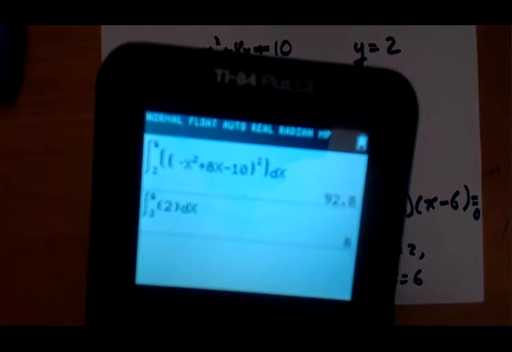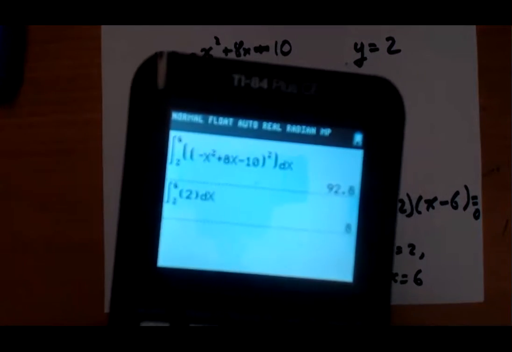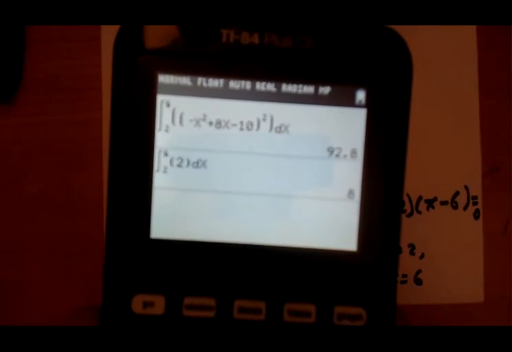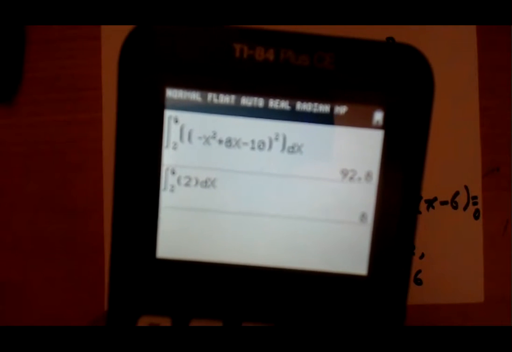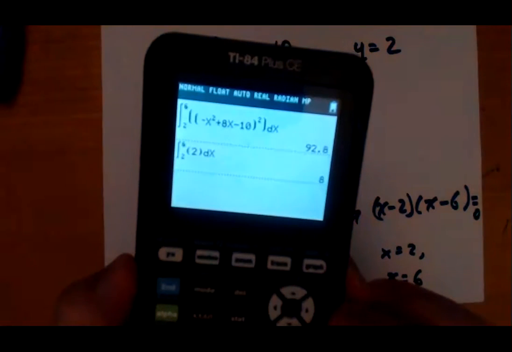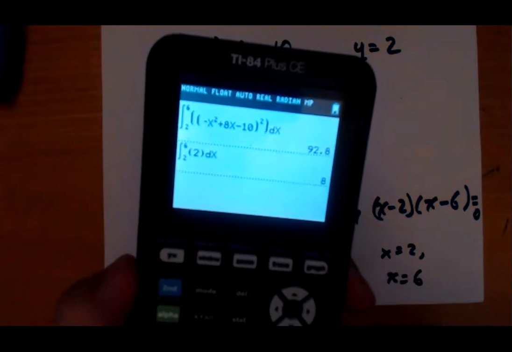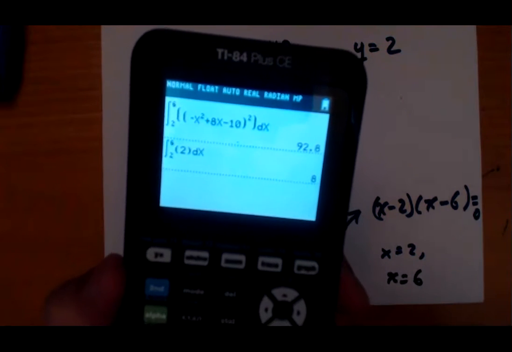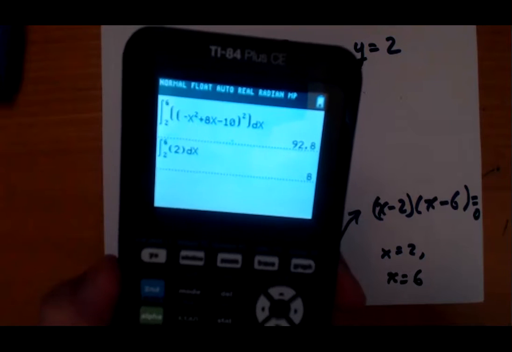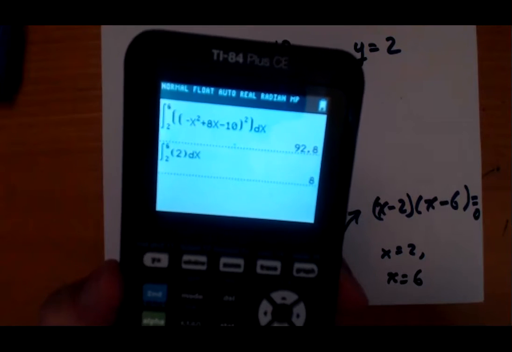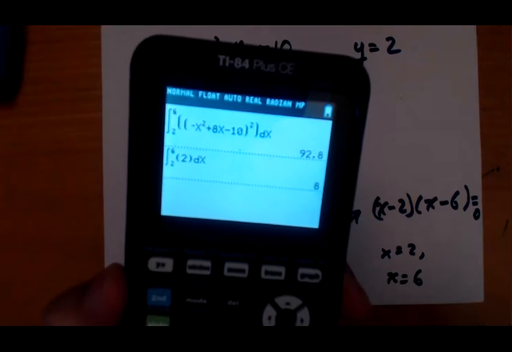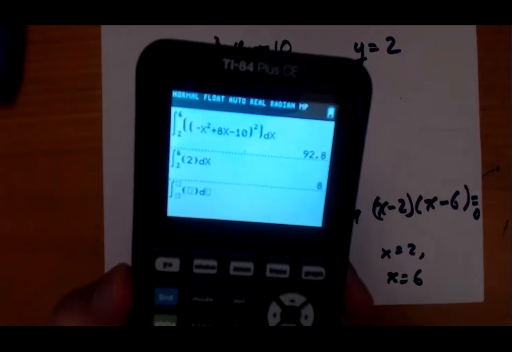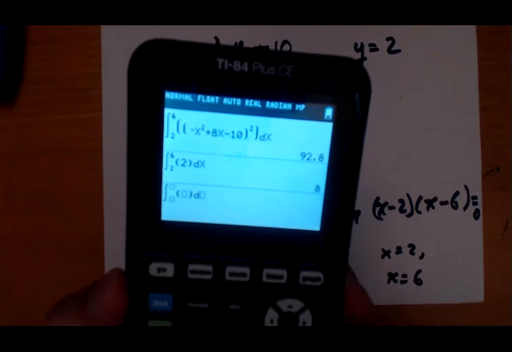Yeah, you can do it using Math 9. And then you would just subtract them to get 84.8 pi. Okay, yeah, use the Math 9 key, and you plug in all your stuff.